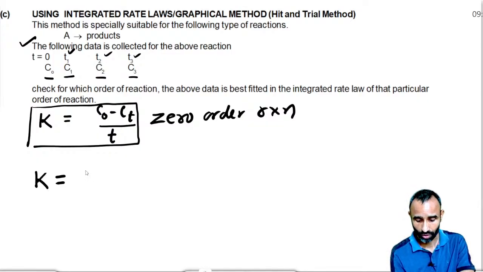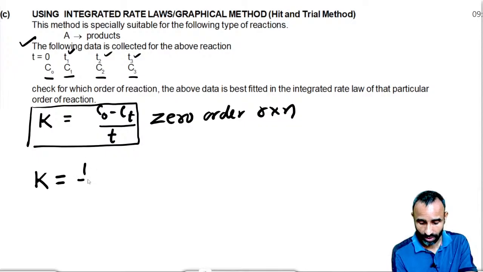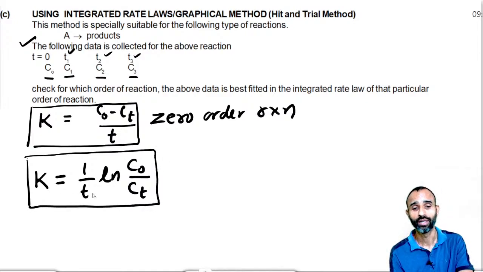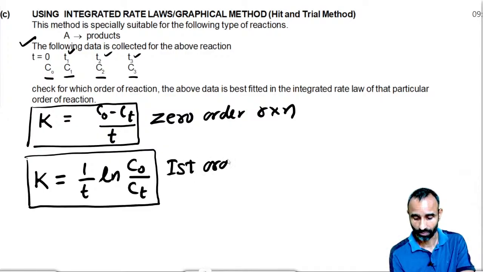According to first order reaction, k is equal to 1 upon t natural log of C naught by Ct. So if we put values of C naught and Ct at different time intervals and k comes out to be the same, that means it is a first order reaction.